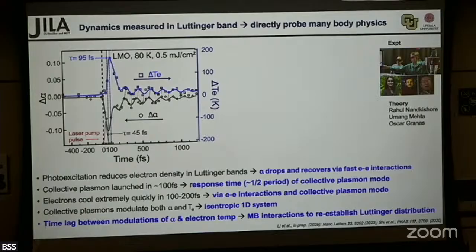But because you instantaneously moved out some electrons and then put them back in, you also excite a plasmon that modulates the band structure a little bit because there's charges sloshing around.